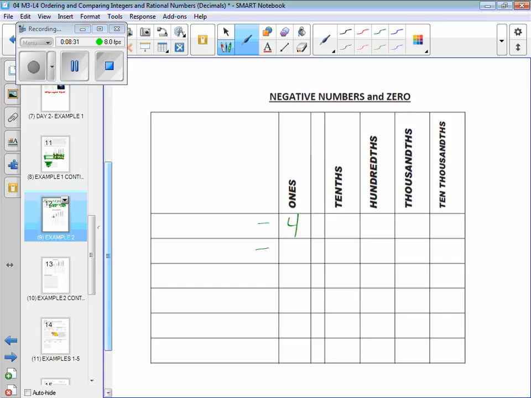And then I have negative 0.6. Negative 4.5, negative 1.91, and negative 1.901, and then I have 0, because it says to include 0.